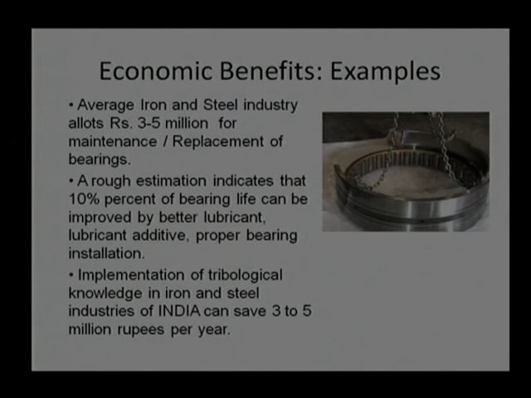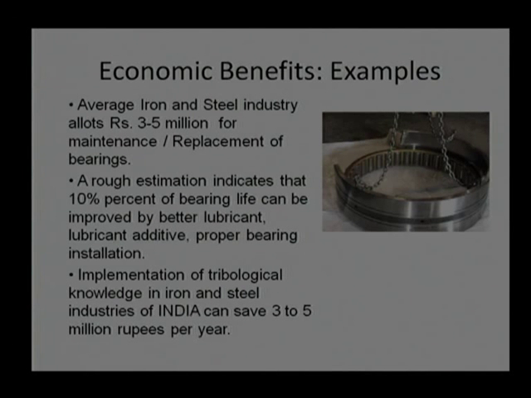And roughly in India, we have 10-plus industries of this kind, and I am targeting at least 10 industries, leaving all others apart. If these industries are able to save this much money, that will be very helpful to us. And say that in the worst case, I am able to save 10% of the bearing life. As per my understanding, bearings mostly fail because of mounting and maintenance problems.